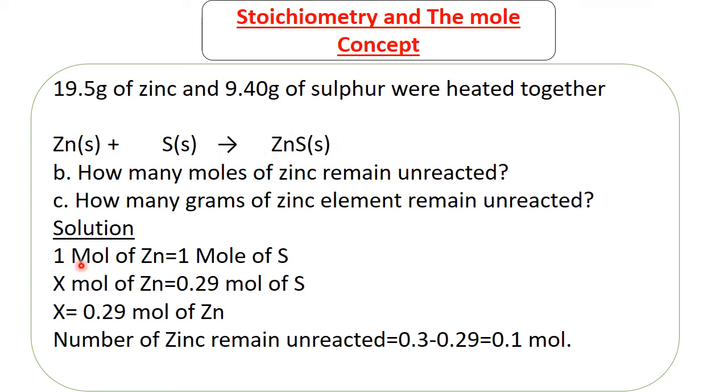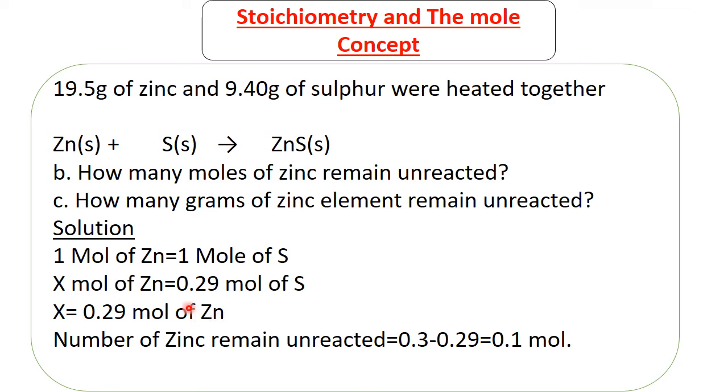We know that 1 mole of zinc needs 1 mole of sulfur for this reaction to be possible. So how many moles of zinc are going to react with this 0.29 moles of sulfur? When you cross multiply, the moles of zinc needed is going to be 0.29 moles of zinc.